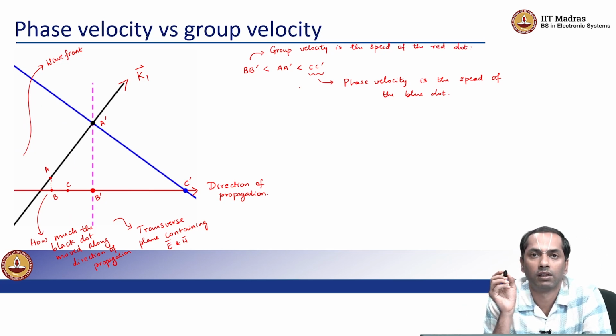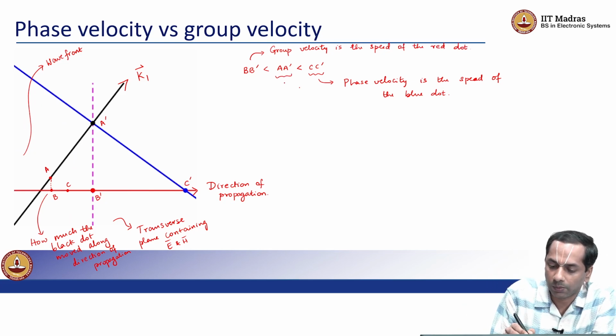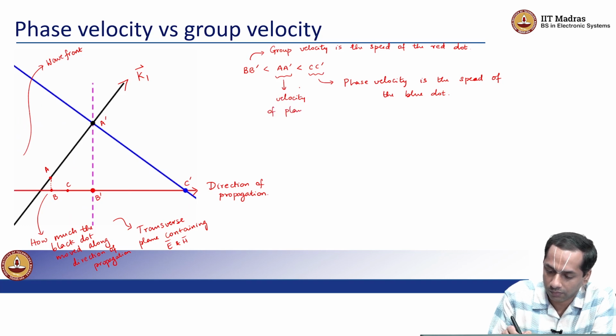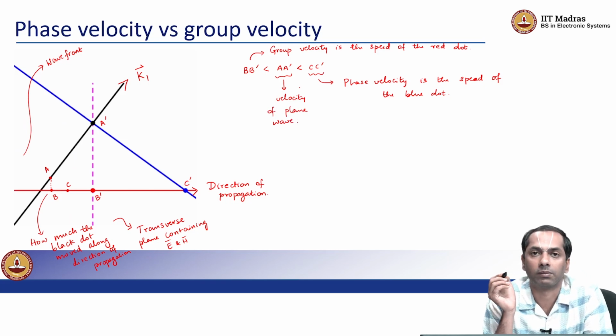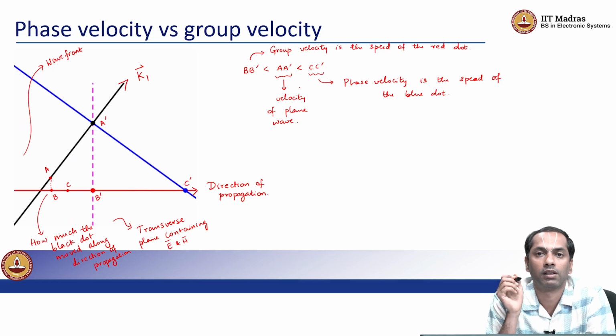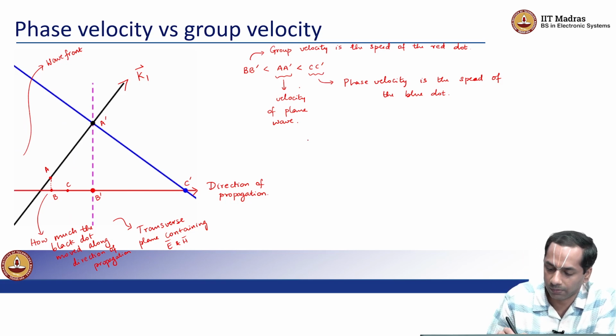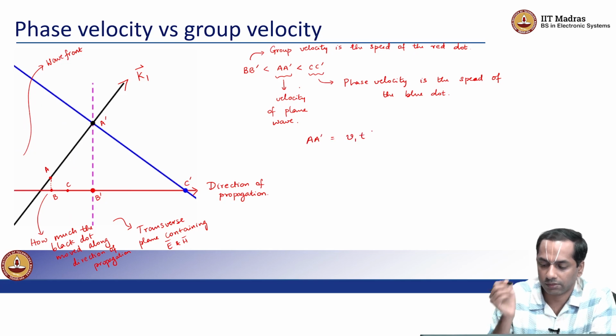Of course A prime is nothing but the velocity of a plane wave in a dielectric medium. So if I were to clock this, say that this movie ran for some time t, A prime would essentially be V1 times t.